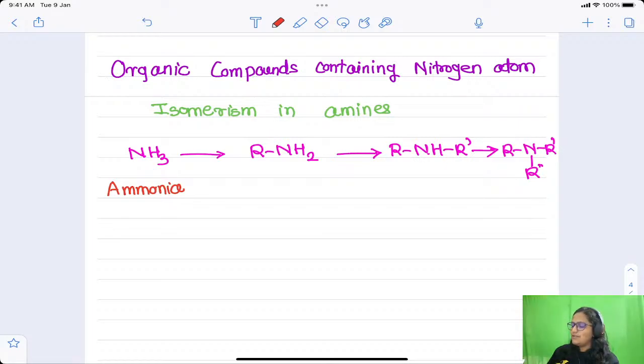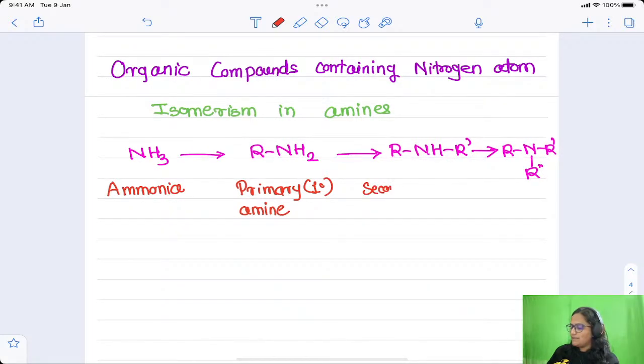RNH2, where NH2 is present, is a primary or 1 degree amine. When NH is present and two R groups are attached, this is a secondary or 2 degree amine.